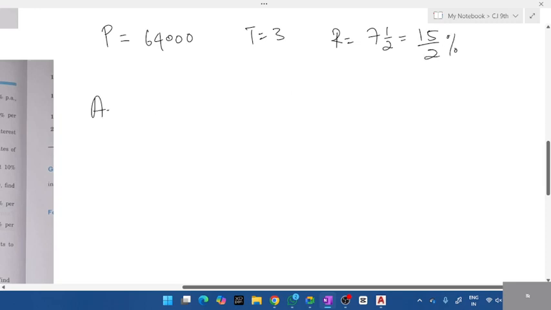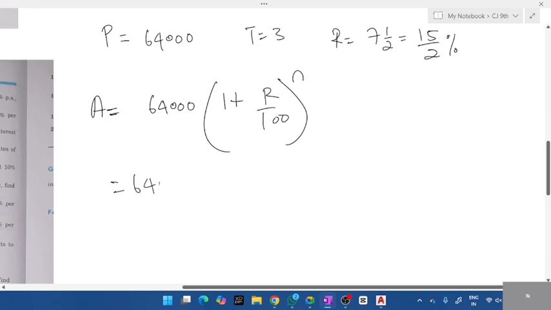Look here. Amount. In the formula, you can directly find the amount first. Always go with amount. Amount is equal to 64,000 into, what is the formula? 1 plus R divided by 100, the whole to the power of N, right? 64,000 into 1 plus R by 100. N is how many years? 3 years, right? And what is R given?